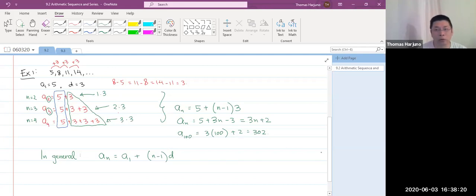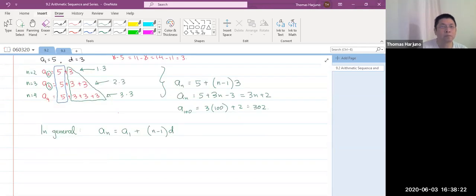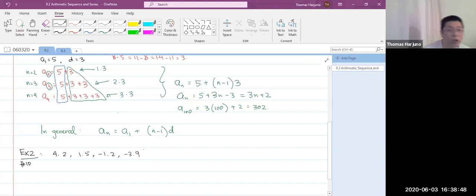Now, suppose I pick a question from the book. Let me pick question number 10: 4.2, 1.5, negative 1.2, negative 3.9, and on.